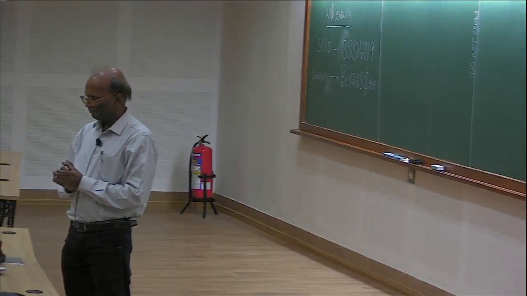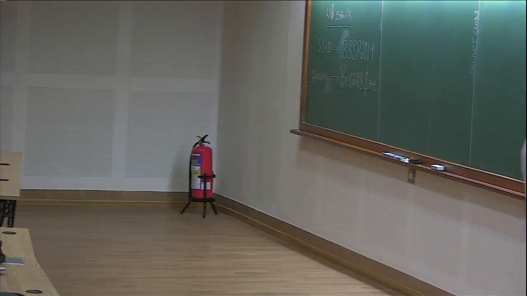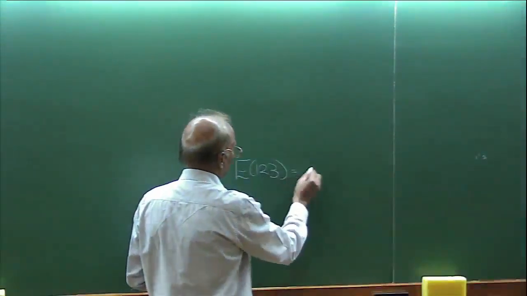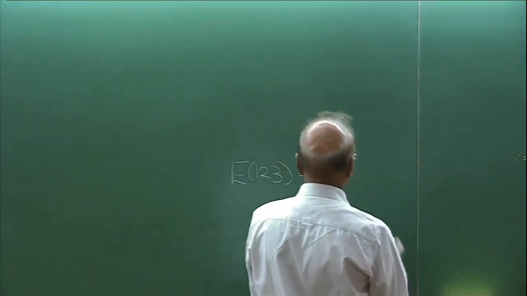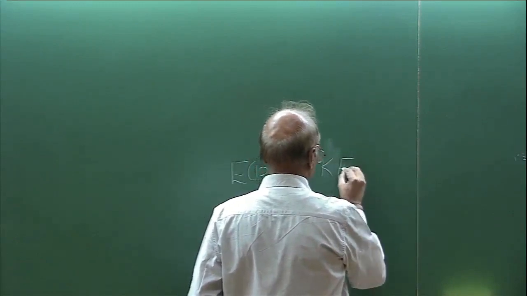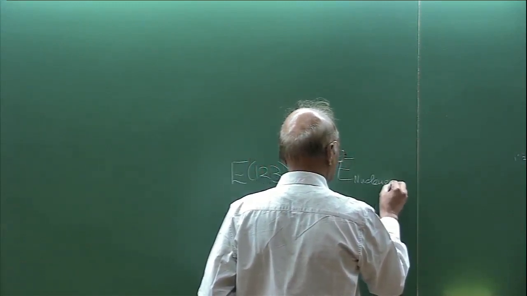You're saying finally it comes not just from the electronic but also the nuclear? No, when we did the calculation of E1 to 3, it had this potential energy, kinetic energy of nuclei, nucleus 1.